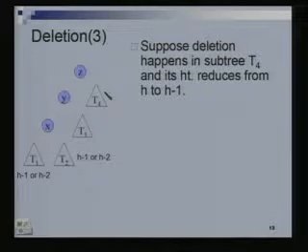I started going up the tree. I found a Z. Now, can Y be this node here? That is a valid question. No, because the height of Y will decrease.